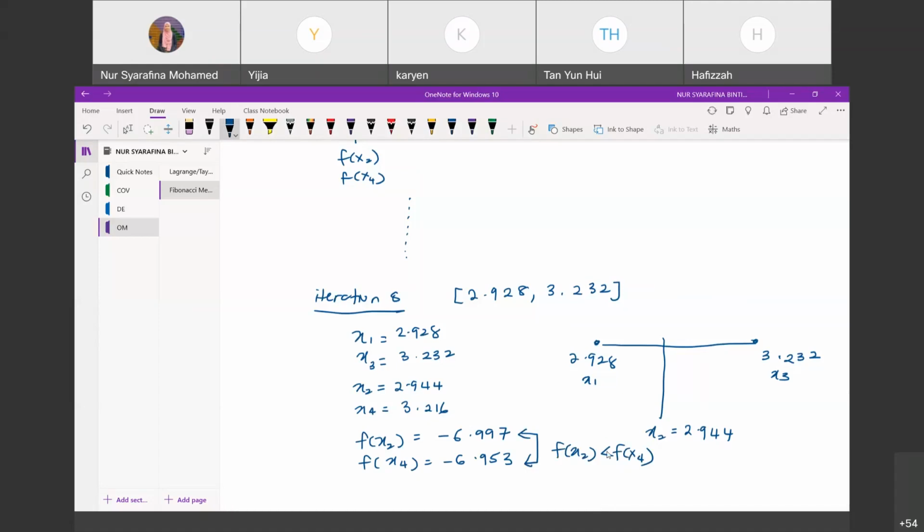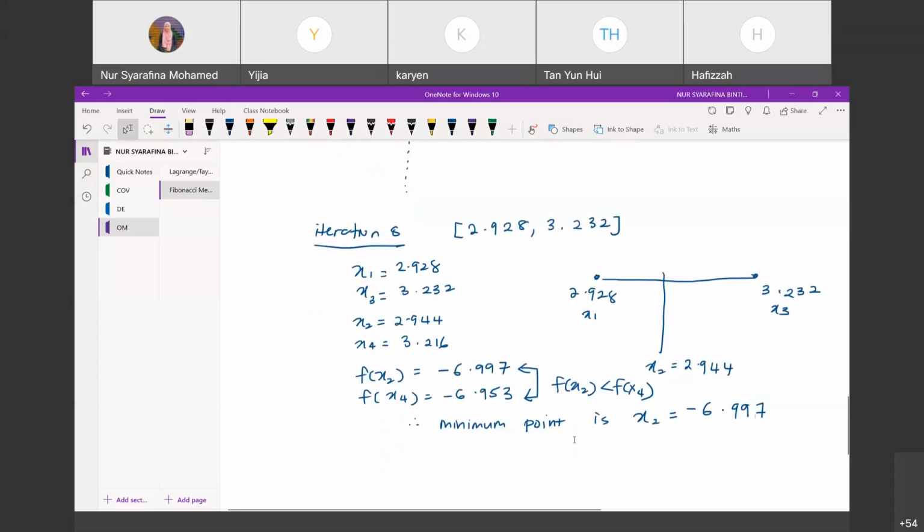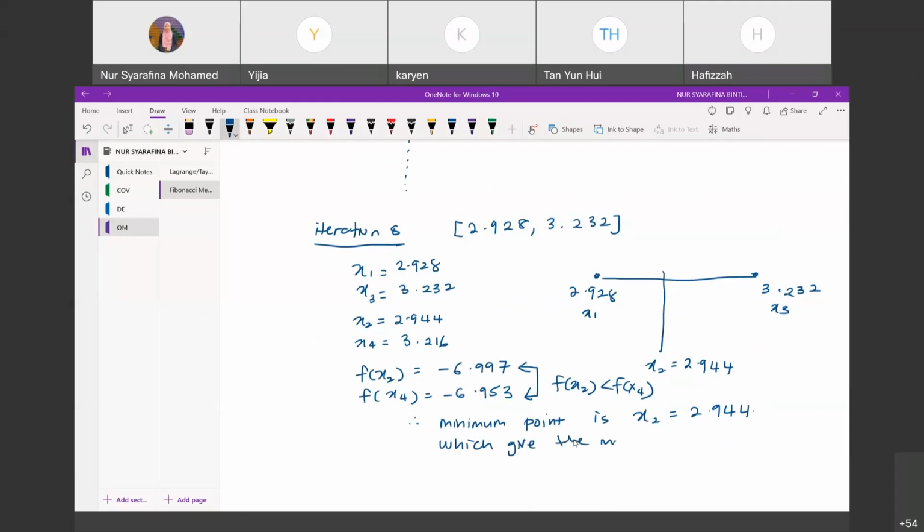Then the minimum point is equal to x2, which is 2.944, which gives the minimum solution of negative 6.997.